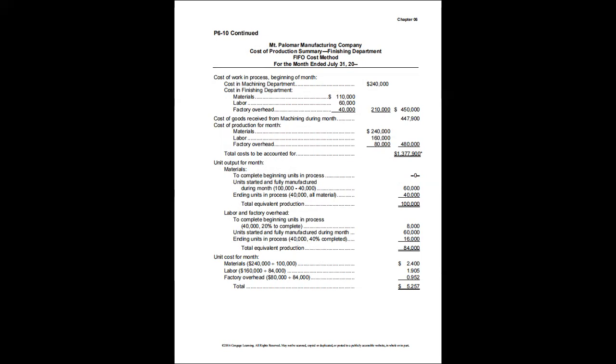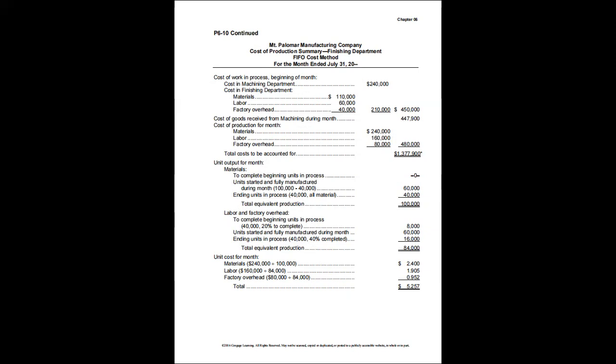Labor and factory overhead to complete the beginning work in process and in 40,000, we apply labor and factory overhead, unit started, and then we have the work in process at the end of the period.